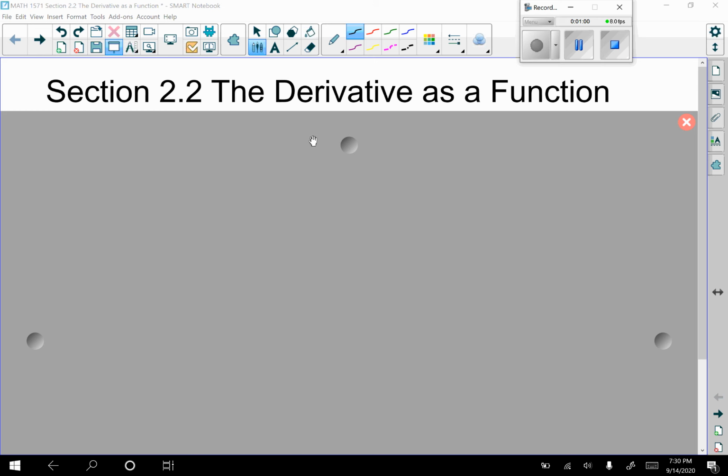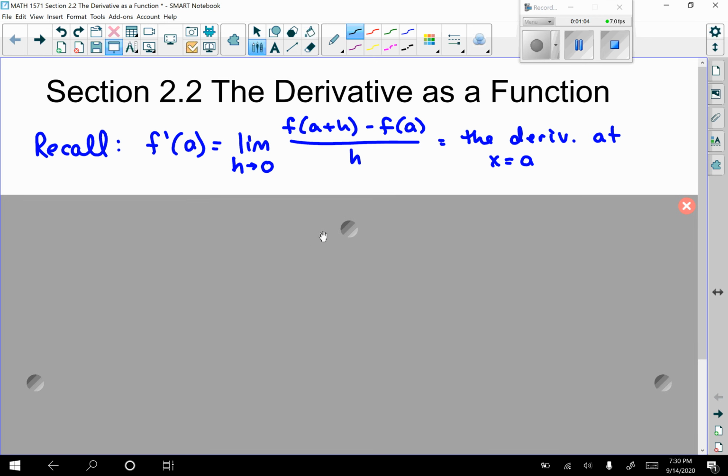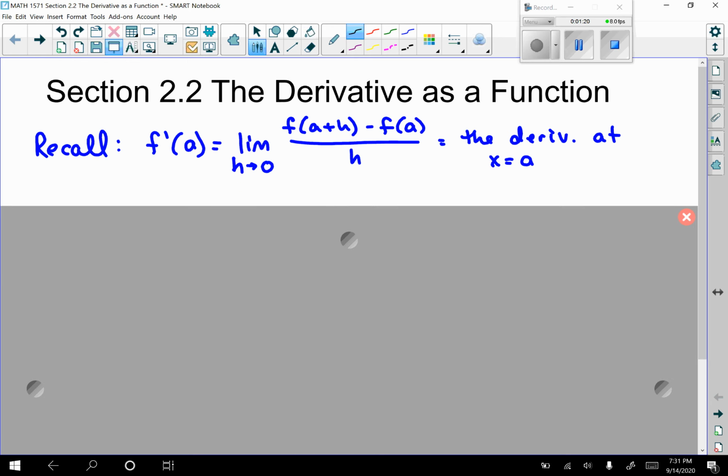All right, so let's recall what we've been looking at so far. f prime at a is just a way to write the notation for the derivative at a specific point where x equals a. And this was the difference quotient we were using, with the limit as h approaches 0. Now we don't have to use a, that's just at a specific x value.